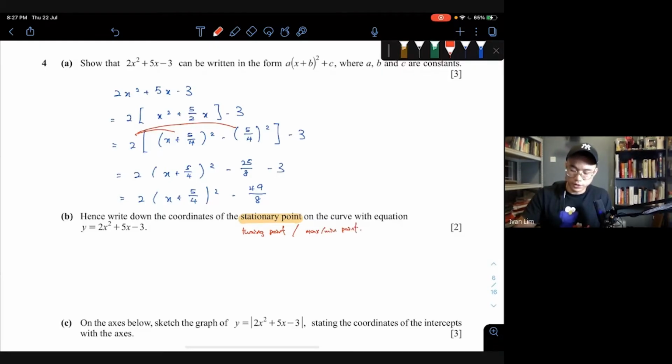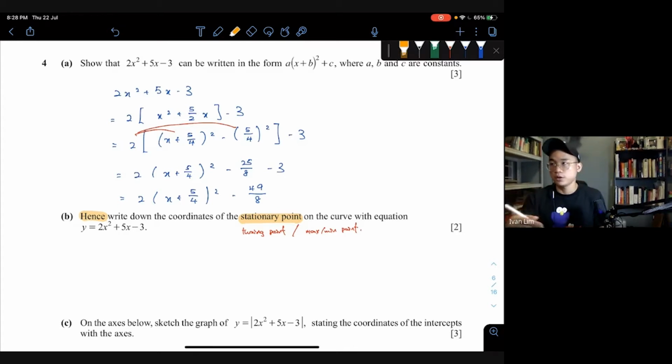Also the same meaning. So how do we find the stationary point? They say hence. Every time it says hence, that means you need to use the previous question. If you use other methods, you may get penalized, because there are other methods that you can use also.